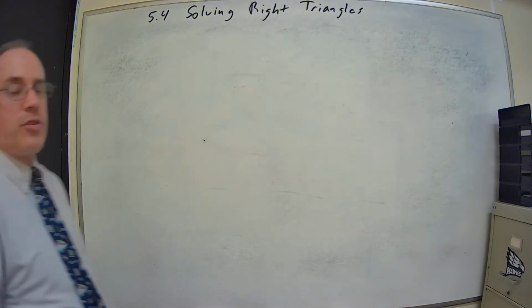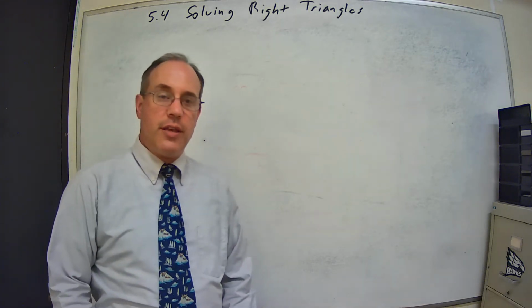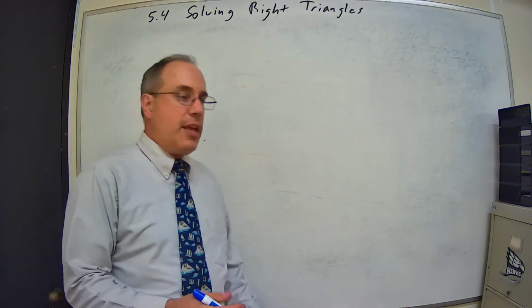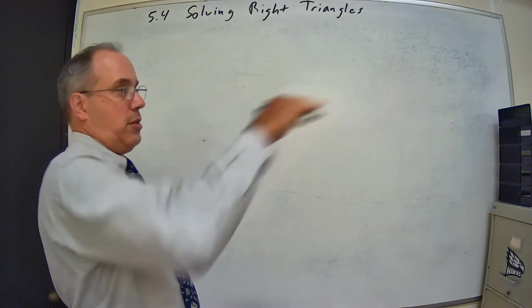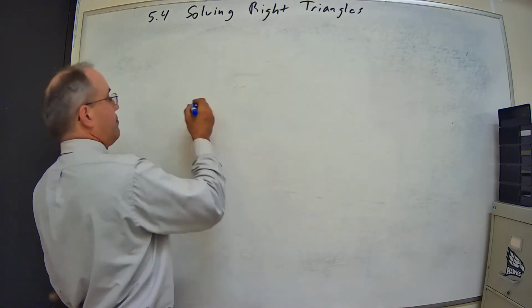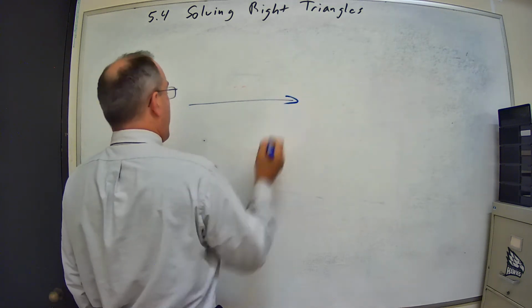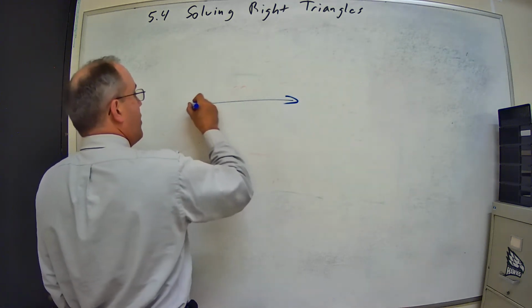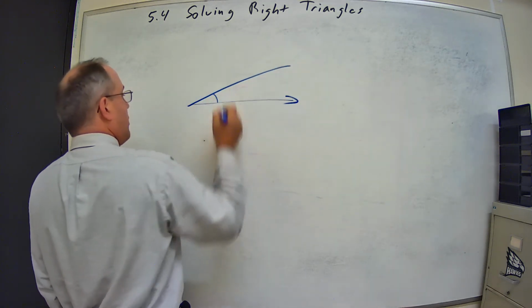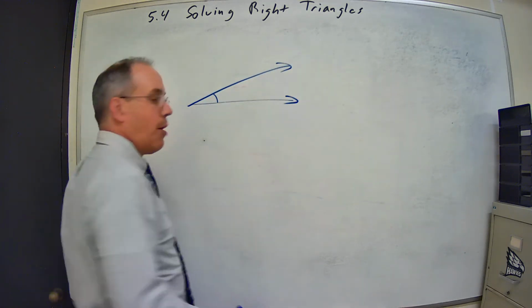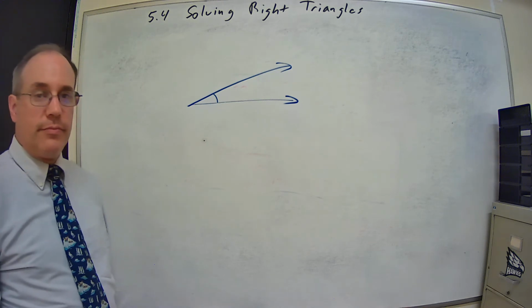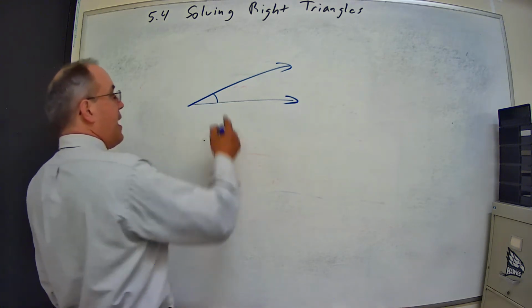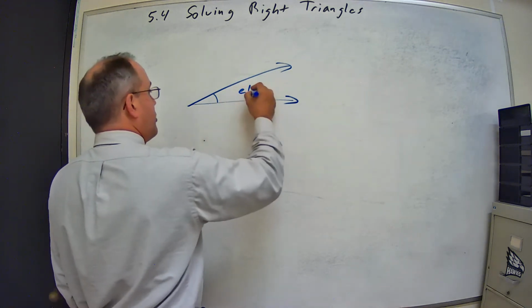So let's look into some applications of this. If I'm looking out and looking straight across the horizon, if we have an angle that goes up from that horizontal, that is called an angle of elevation.